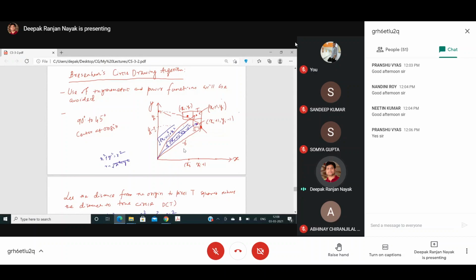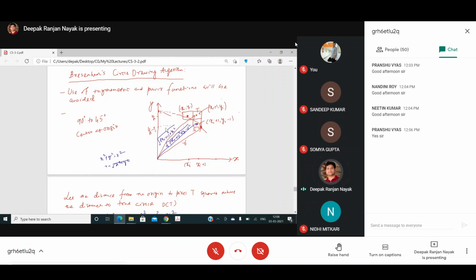All the time the x value will be at unit intervals, and you only need to find the y value, that means whether it is yi or yi minus 1. For that we need a decision variable, which is based on the distance between the pixel position and the true circle.